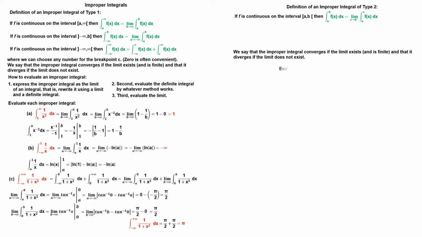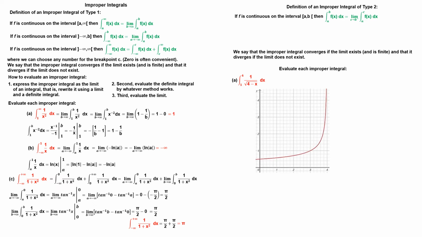We solve improper integrals of type 2 in the same way as we did improper integrals of type 1. At first sight, this integral does not look like a particularly daunting integral, and you may be tempted to evaluate this as a proper integral. But the integrand has an infinite discontinuity at x equals 4.